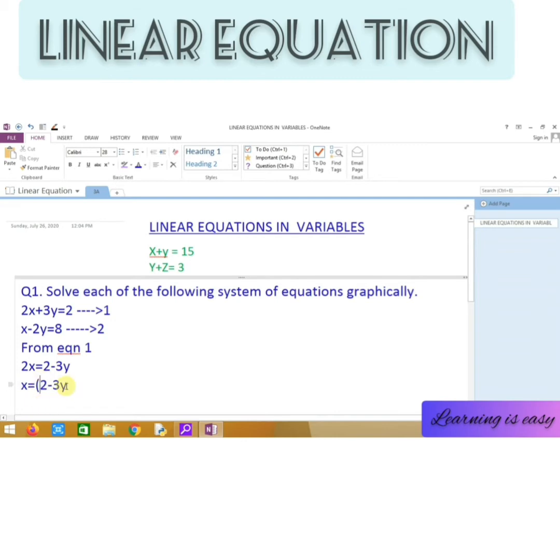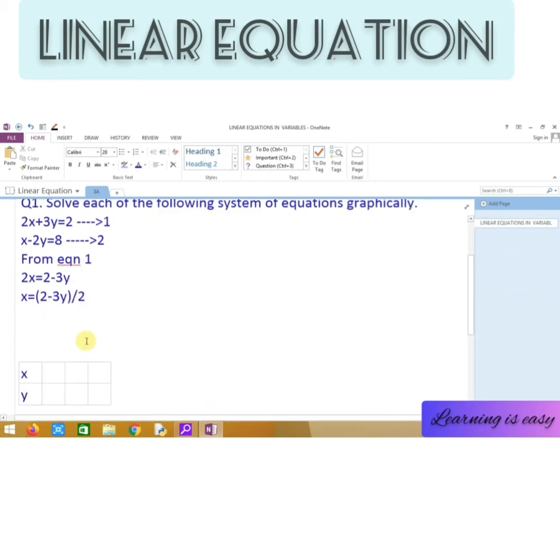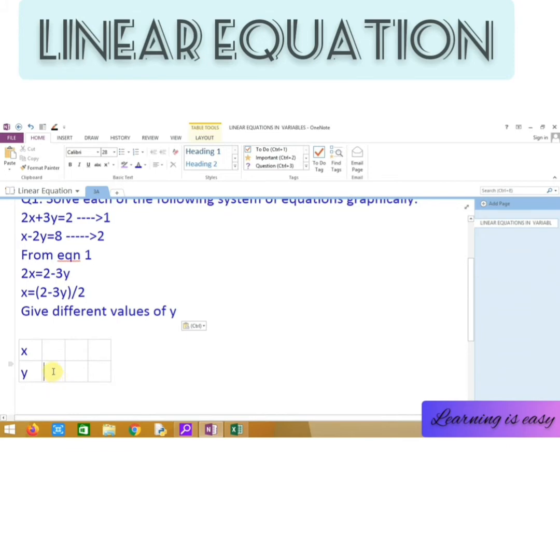By substituting different values for y, we can get the value of x. Let's just take random values. y equal to 0, then x is going to be 2 minus 3 into 0, so 2 minus 0 by 2 is 1.